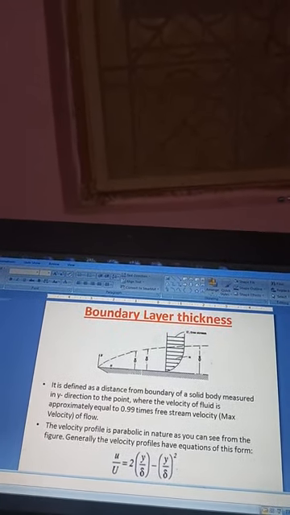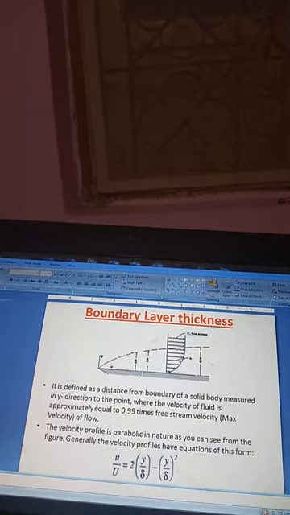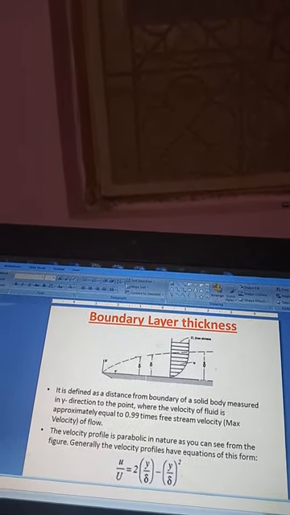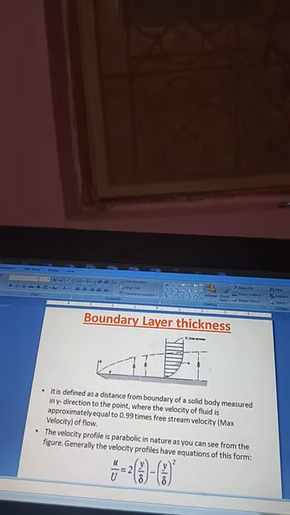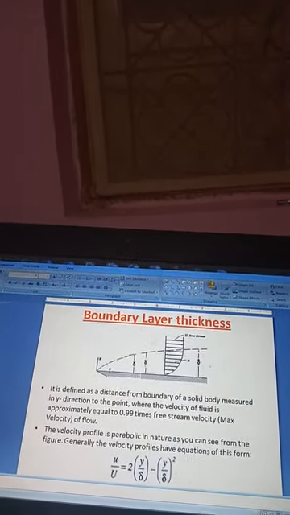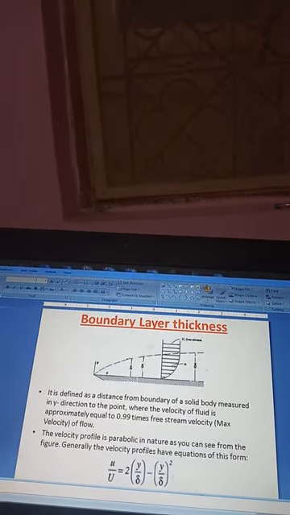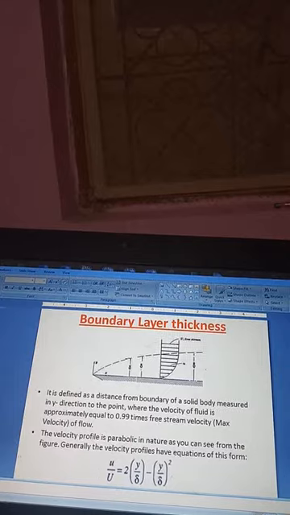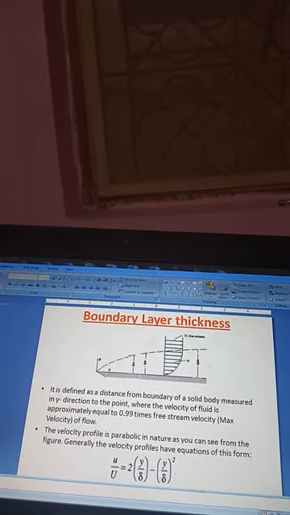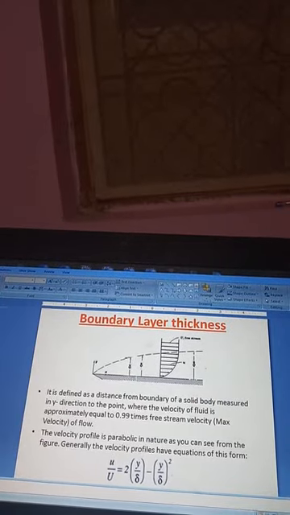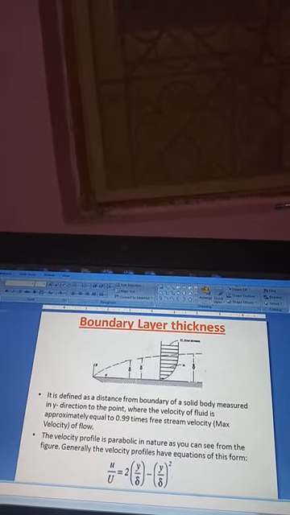Now if you see in this slide, the boundary layer which is formed over the flat plate is shown by a thickness delta as shown in the figure. As we see in the figure, delta goes on increasing in the horizontal x direction.